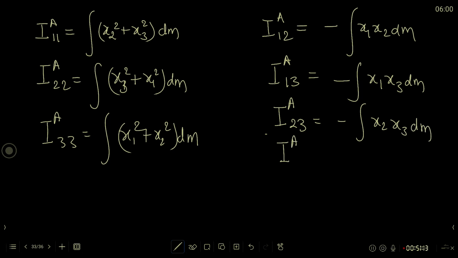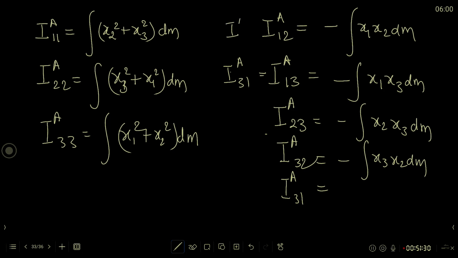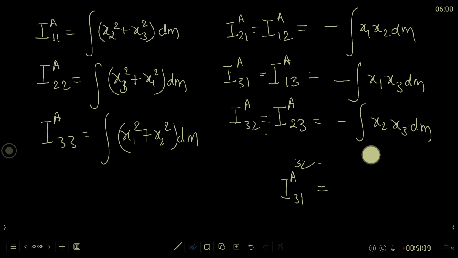IA13 will be this, and same will be IA31, IA21, IA32. These definitions will fall out of the derivation I made on the previous slide. Okay, 1 1, it's 2 3, 3 1, 3 2.